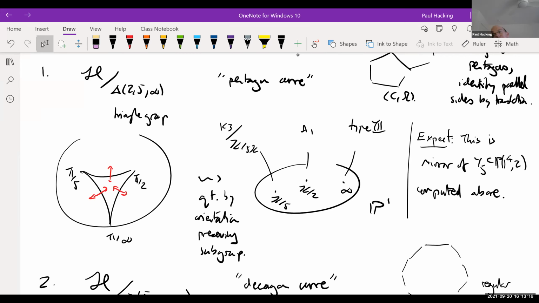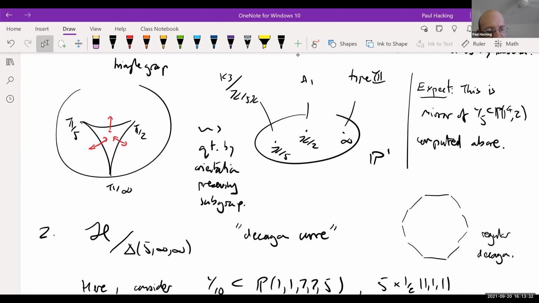So this is, we believe, the mirror to this Q-Fano. And you can also check, for instance, that this curve is in fact Hodge degree 1 as we want. And then there's one other curve.